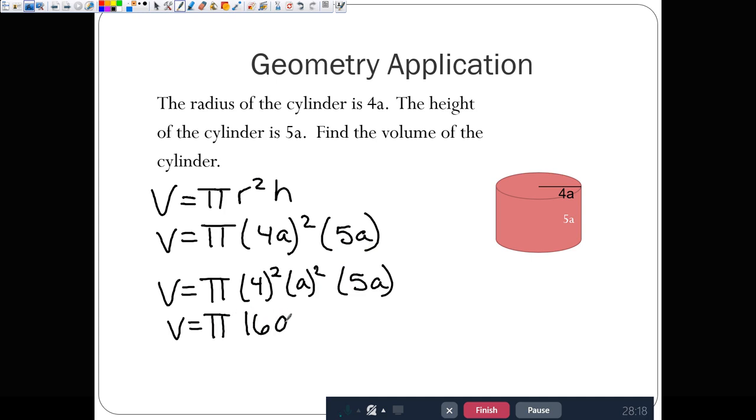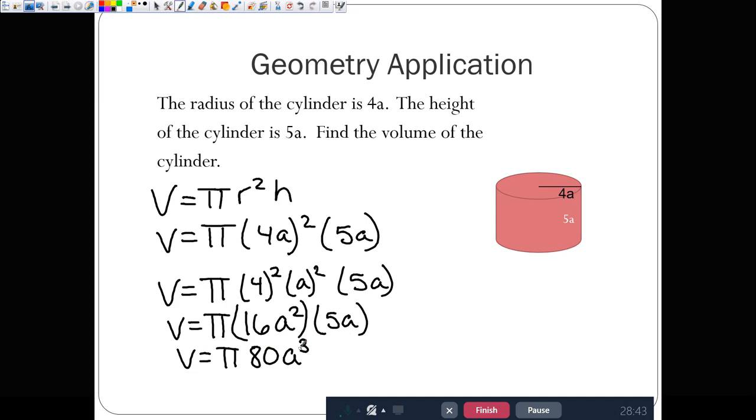A squared times 5a. So then I need to multiply my 16 times 5, which I will get 80. And 1 plus, I'm sorry, 2 plus 1 is 3.